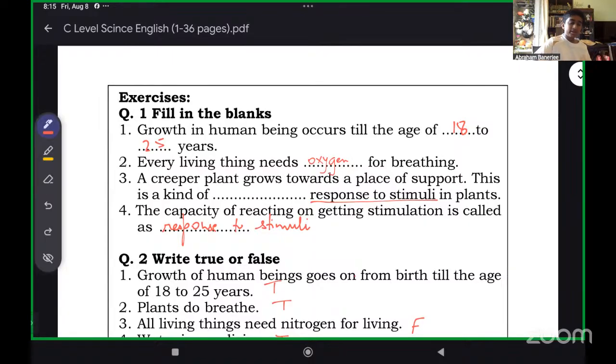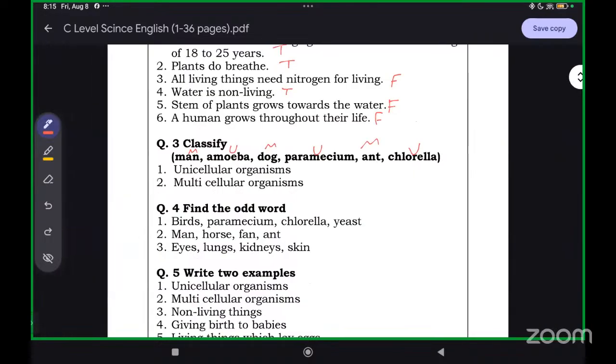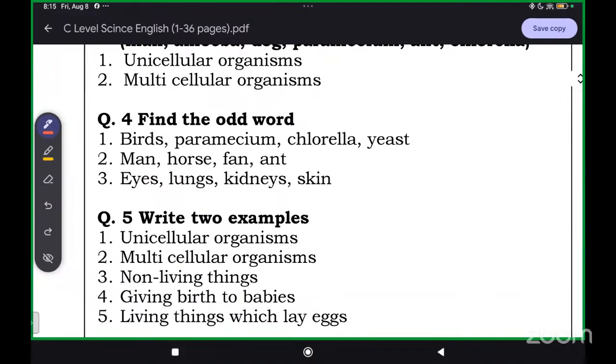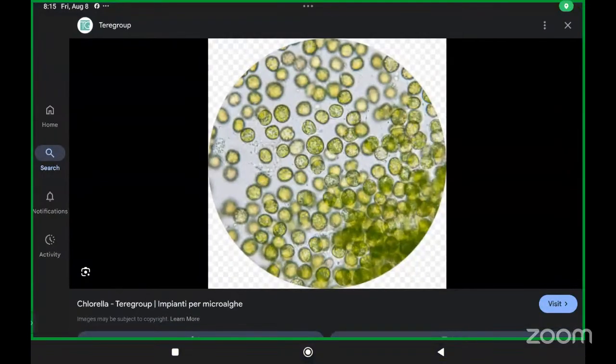Thank you, ma'am. Okay, this is how chlorella looks like.